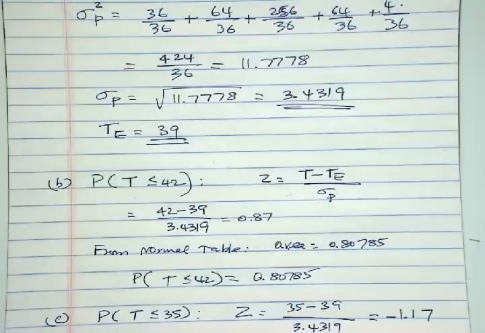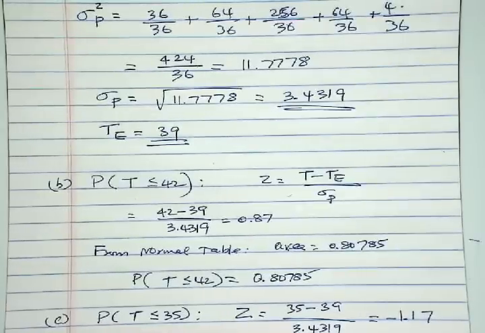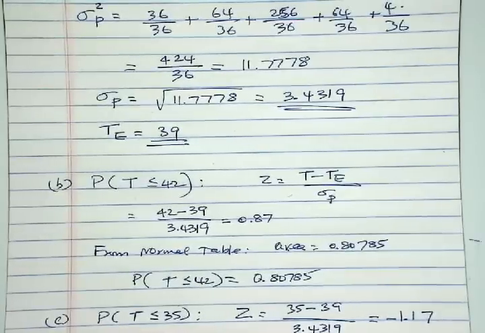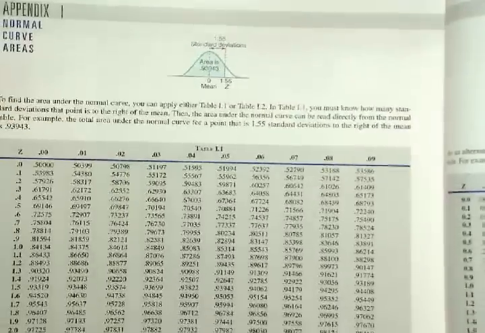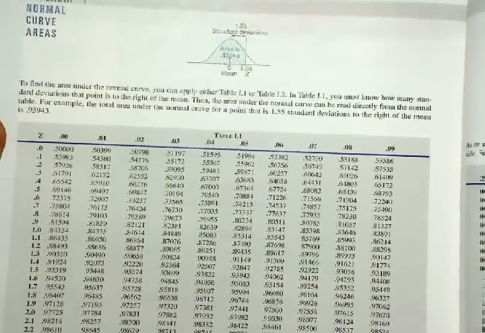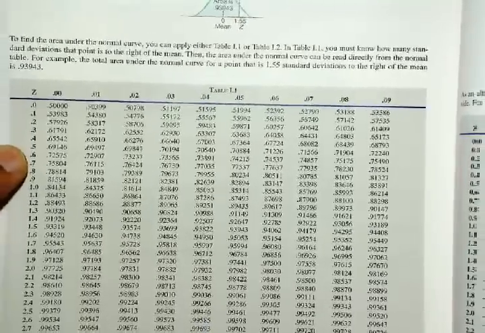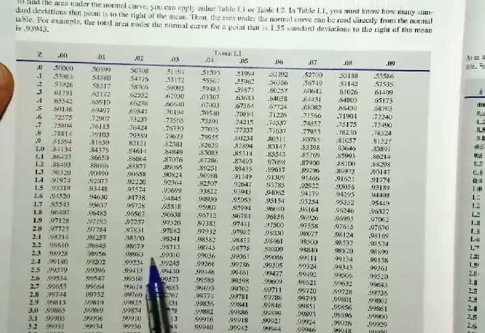Now the last question is the due date for 99% probability. So the formula here is that the due date will be T sub E plus Z times sigma sub P. So now for 99%, Z is, you now use the normal table backwards. So for 99%, you look for it somewhere over here, 2.325.